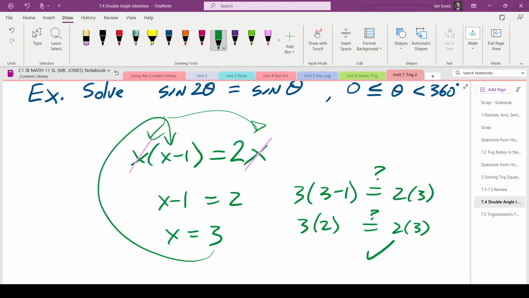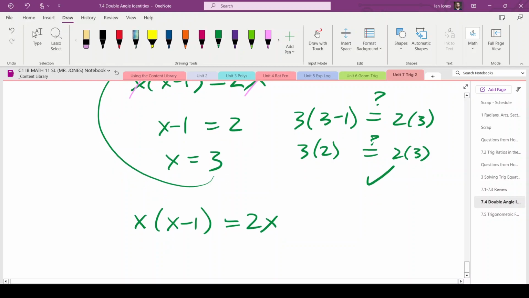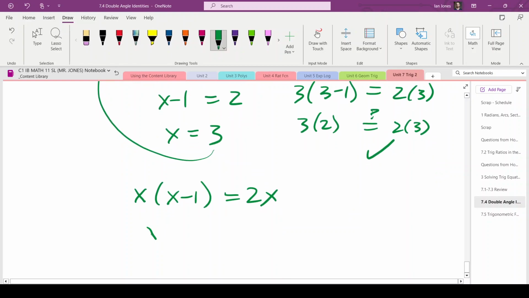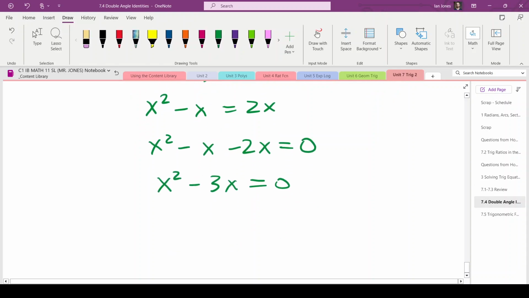The correct way to proceed, if you have a question like x times x minus 1 equals 2x, is to bring everything to one side and factor. So here I have x squared minus x equals 2x. I subtract 2x on both sides, like so. I get x squared minus 3x equals 0, and I factor.